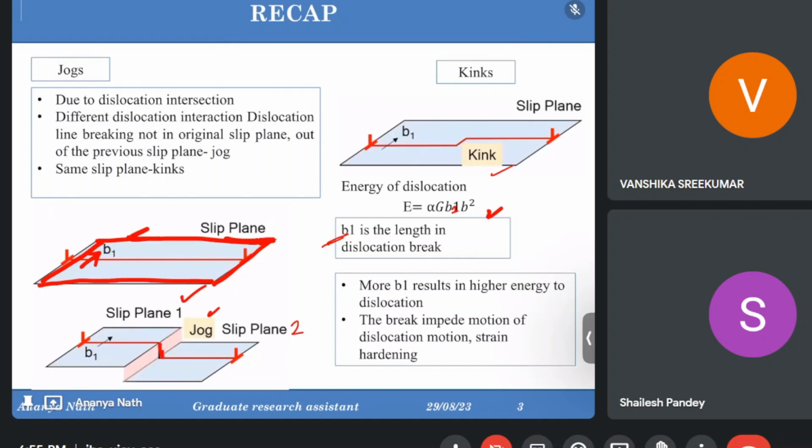The next type of strain hardening we can achieve is through the amount of cold working we are giving. Everywhere the amount of cold working is the main thing, but for whatever is happening inside the material, we cannot say that if I do this much cold working, then this much dislocation will be formed.